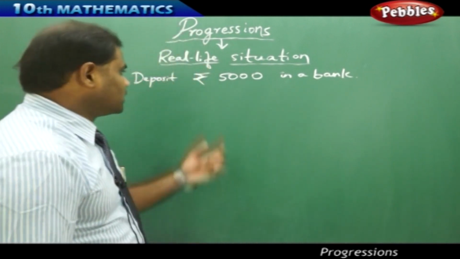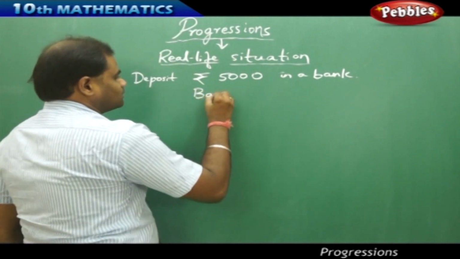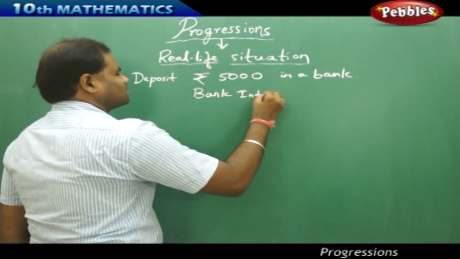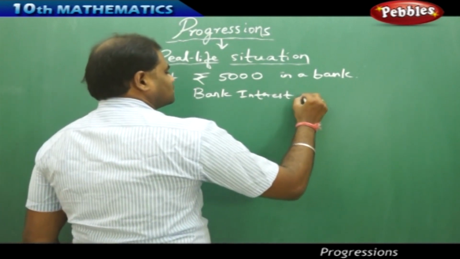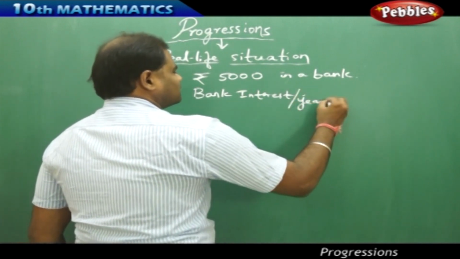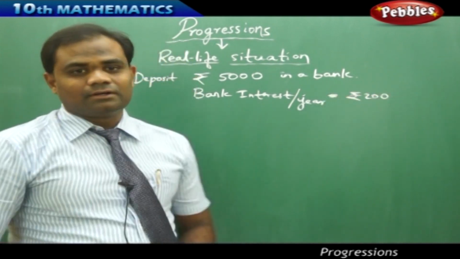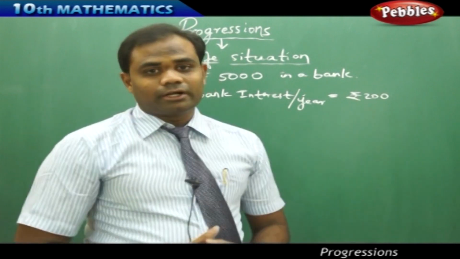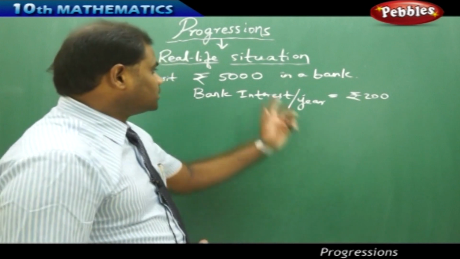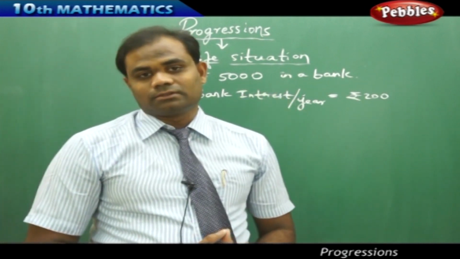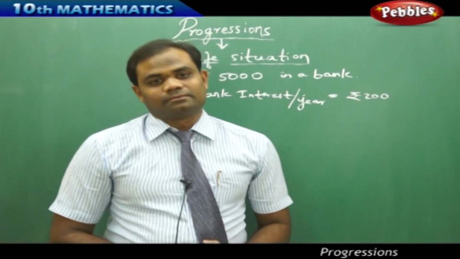Say for example, for the amount of 5,000, the bank interest per year is rupees 200. That is, every year uniformly there is 200 rupees which is increased as the interest for the deposited amount of 5,000. So after 6 years, I want to go and collect my money.